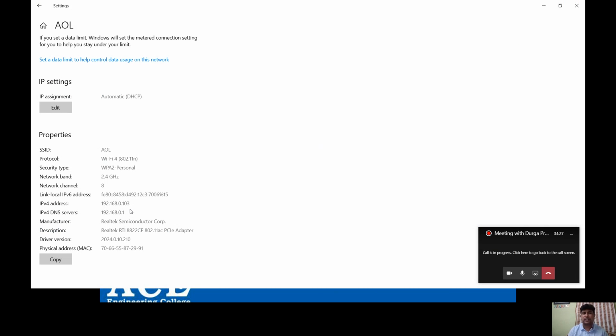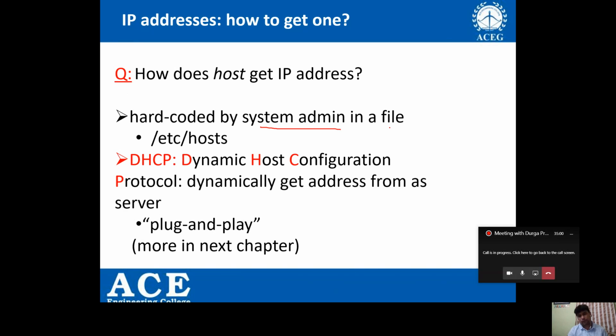So click on the properties of the internet to which you are connected, and you could find your IPv4 address, and in future we will be connected with an IPv6 address, and then the protocol, Wi-Fi, which I am using here, and also the MAC address, that is my system MAC address, will be known when I go for the details. And here you could find a particular term called IP assignment done by automatic dynamic host configuration protocol. Let me just have a look at it before we move to the next topic.